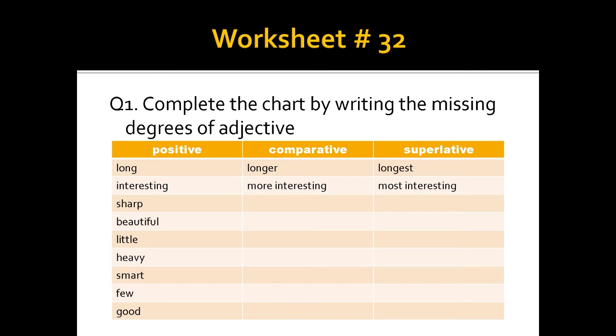So now you can see that long will become longer in comparative, and in superlative it will become longest. Interesting, more interesting, and in superlative, most interesting. So class, I hope you all know all these comparative and superlative forms of adjectives. So you have to do this question by your own self.